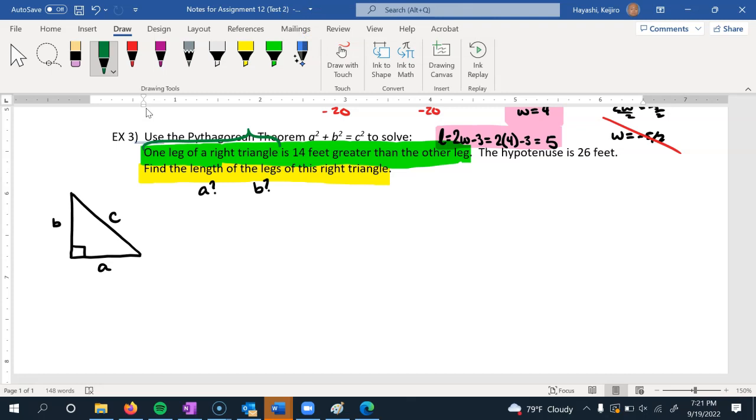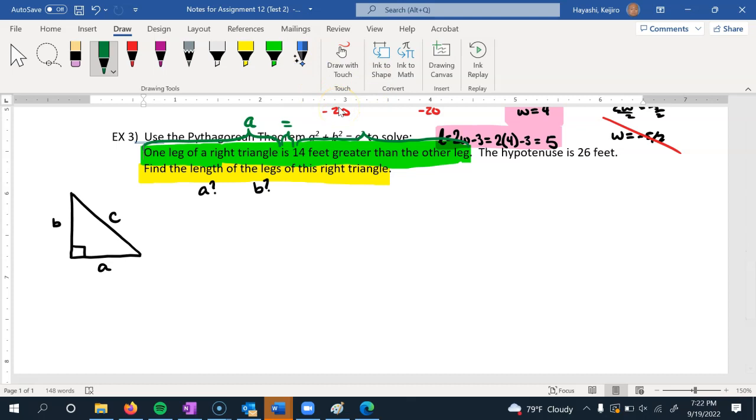It doesn't matter which one you choose. We'll just let it be a. We're going to use that Pythagorean theorem eventually, but not quite yet. Sorry, 14 feet greater than the other leg.